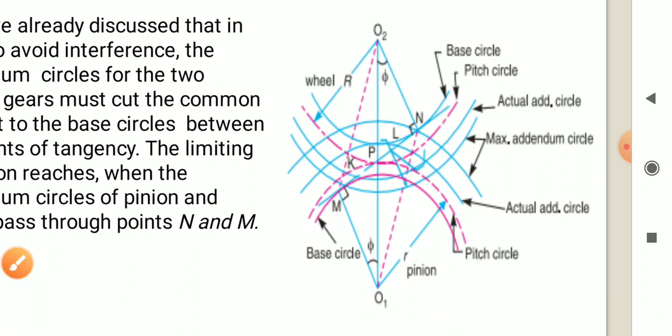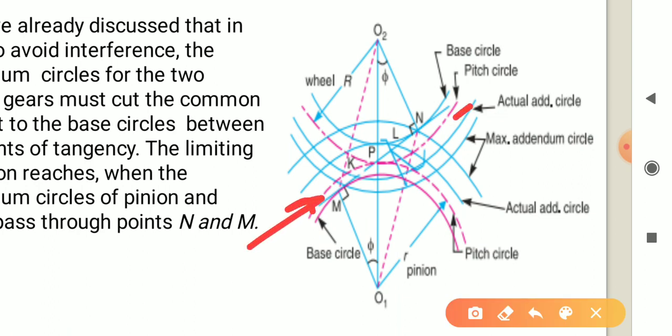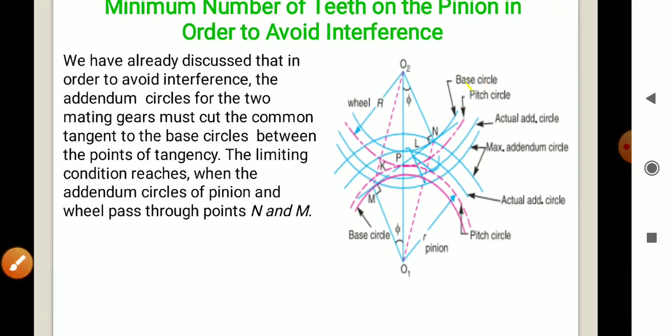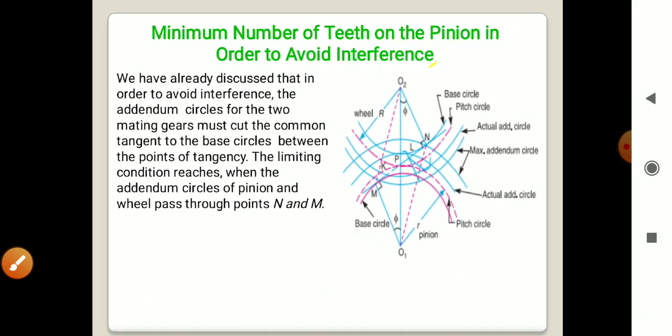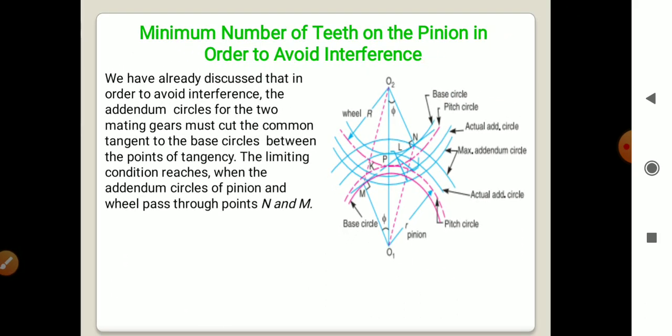Again, this TT is the common tangent to the base circles, and it passes through the point P, which is the pitch point. We already discussed that in order to avoid interference, the addendum circles of the two mating gears must cut the common tangent to the base circles.